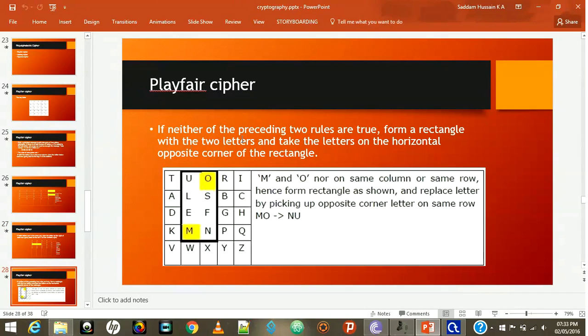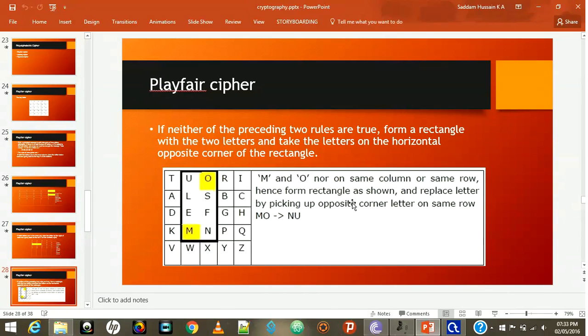Then the next rule is, if neither of the preceding two rules is true, form a rectangle with the two letters and take the letters on the horizontal opposite corners. If the two letters are not in the same column or the same row, it will be like this. M and O are neither in the same column nor the same row.